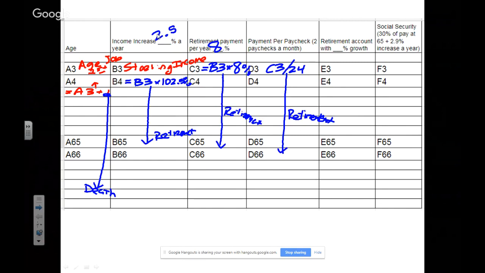Okay, retirement account with growth. Give me a growth number. Way too high, 25,000%? Okay, that would be pretty, I would work 1 year and retire. 7%. 7% is a pretty fair growth number. This is a weird one to add.